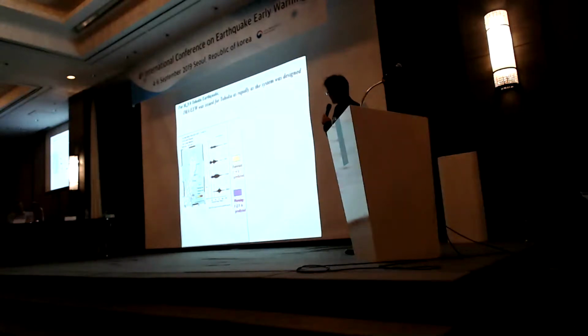I plotted the waveforms observed at these four stations, and this is the time from the origin time, with the first forecast and first warning. For this event, a total of 15 messages were issued from JMA, and this shows the number of the EEW messages and magnitude estimates. The earthquake occurred, and P-waves and S-waves radiated from the source.